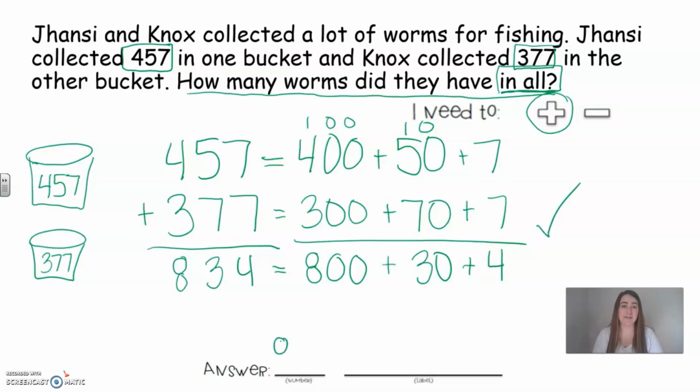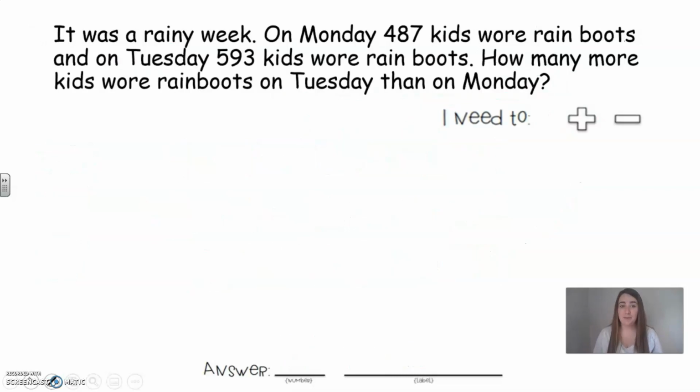Yes, our answer makes sense. So we need to write our answer, and don't forget the label. 834 what? Worms. Now, don't get messed up with the label. I hope you didn't put buckets, because it's not asking us how many buckets we collected. All right, let's move on to our next question.